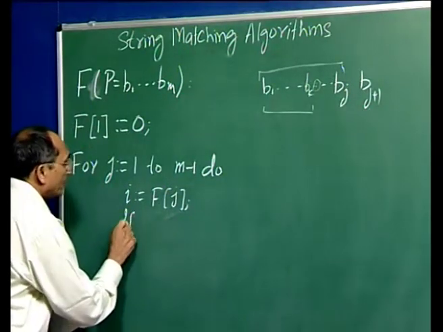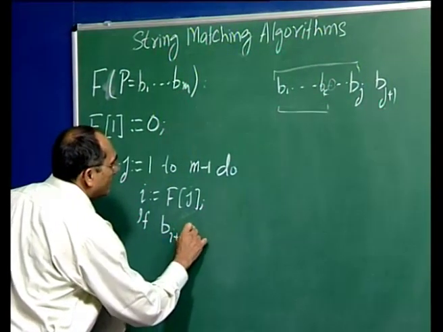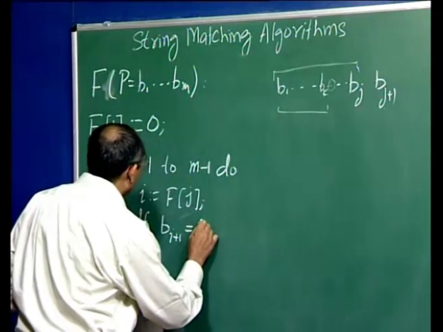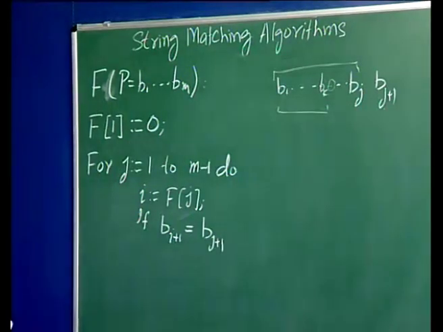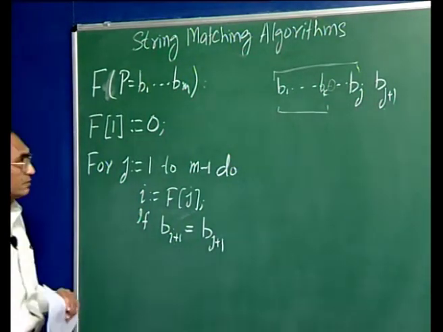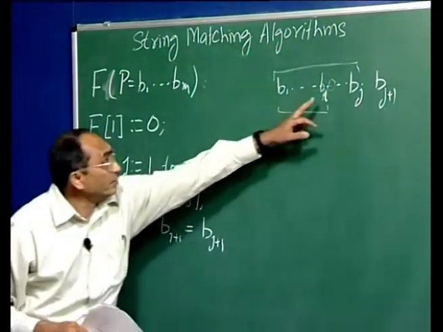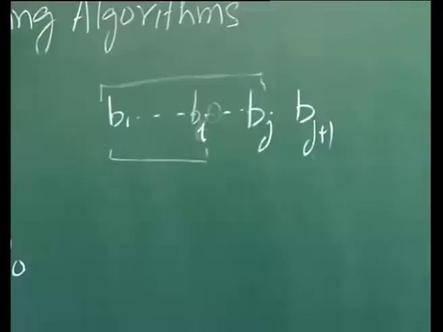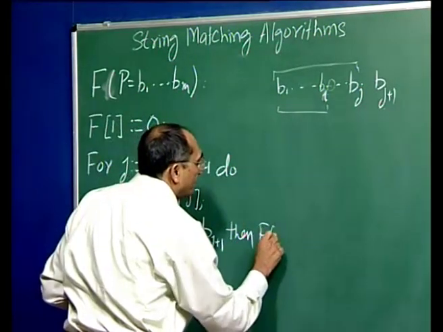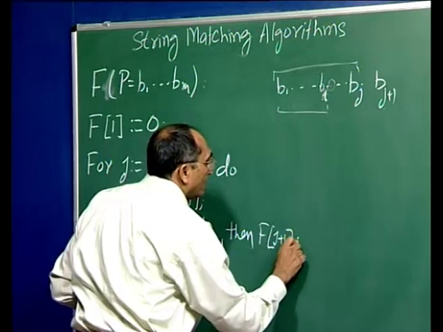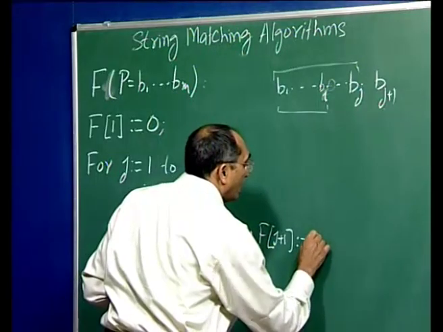Now, if b of I+1 is equal to b j+1, let us just call it I. So, if b i+1, the next symbol, is the same as this, then f of j+1 will be I+1.